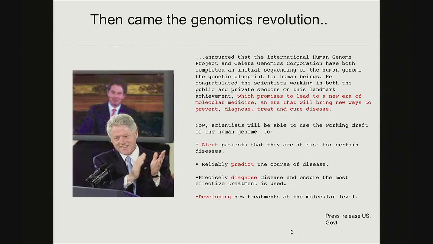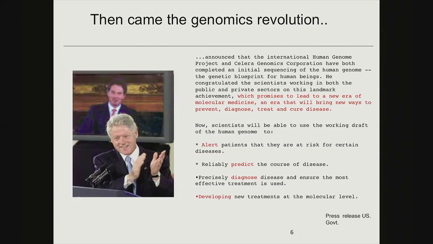And out of this announcement came a press release. So this is in generic terms, but then there were also specific deliverables, so to speak, that were expected to be derived from this genome sequence.